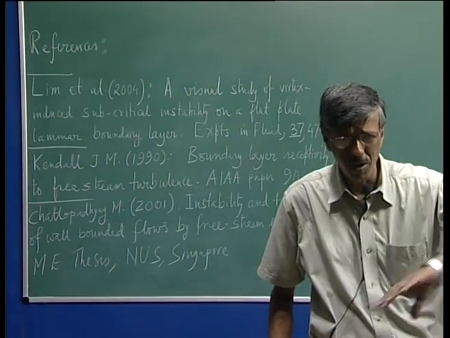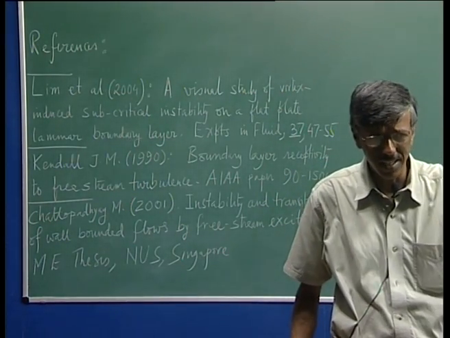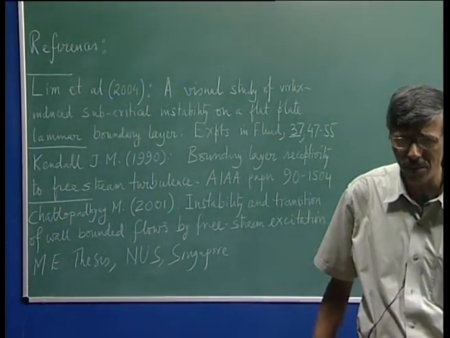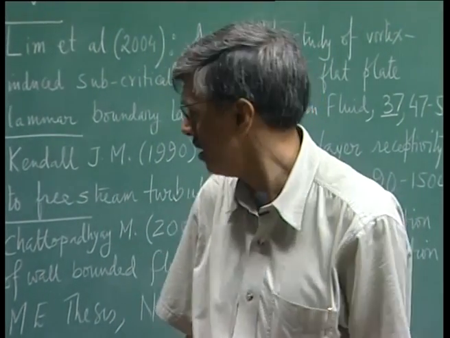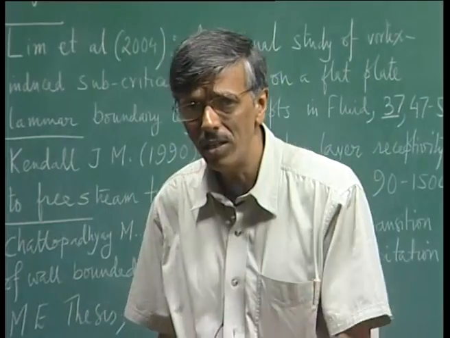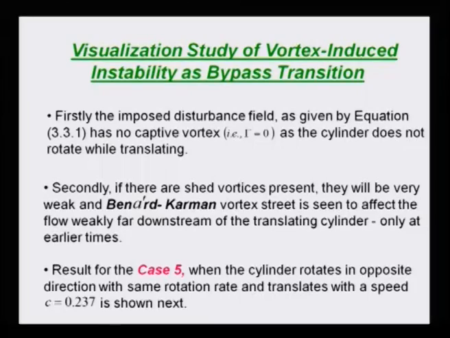That is where your boundary layer is growing, your Re delta star is growing, the transfer function is becoming more and more receptive to smaller disturbances, and that is why you may see some weak effects there. That is what we are saying, far downstream of the translating cylinder, only at some earlier times. So, this could be essentially due to the transient.